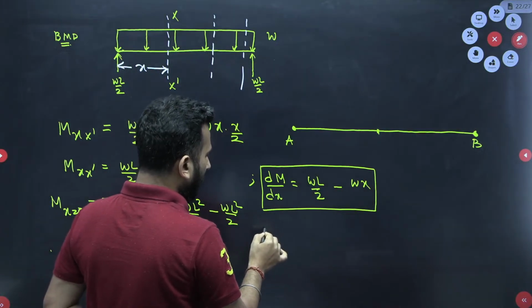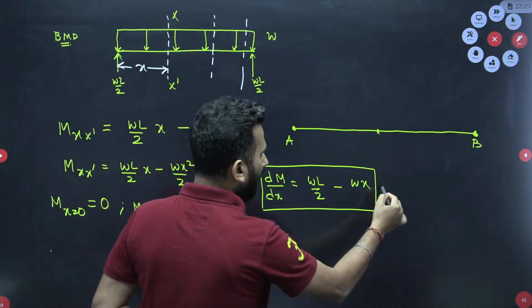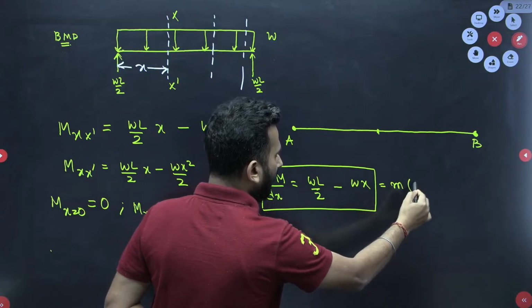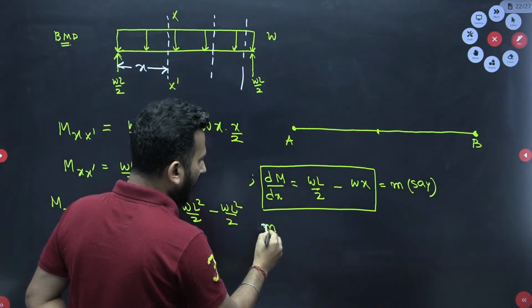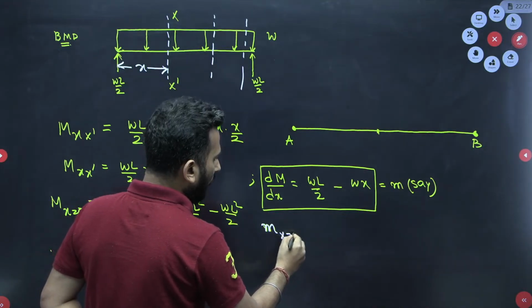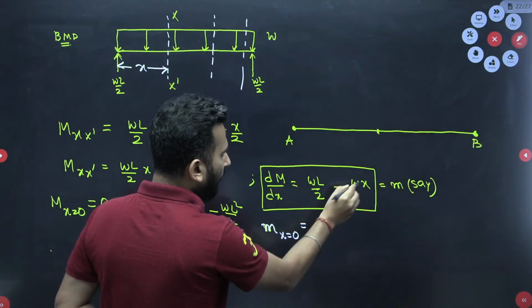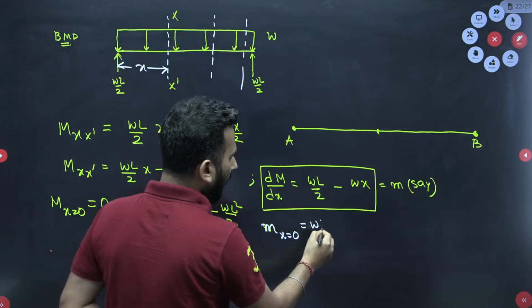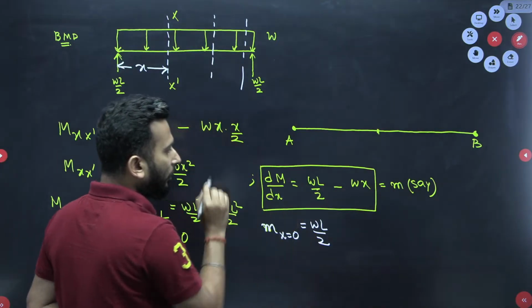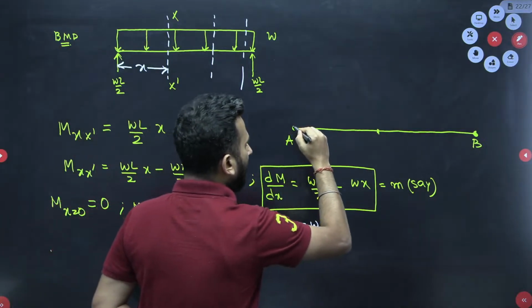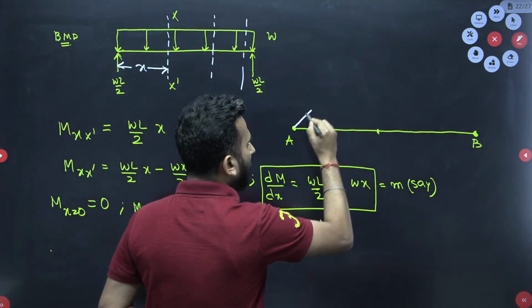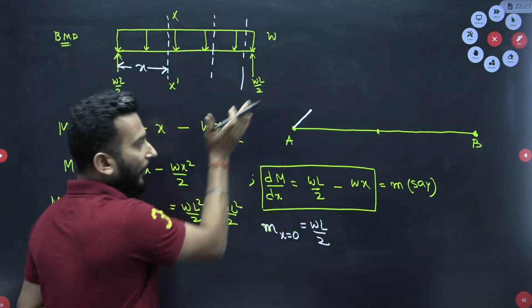Let's say this is m. So what is the slope value at x equal to 0? At x equal to 0, if you substitute over here, the slope value is WL by 2. That means it is positive. Positive slope means its face will be like this.